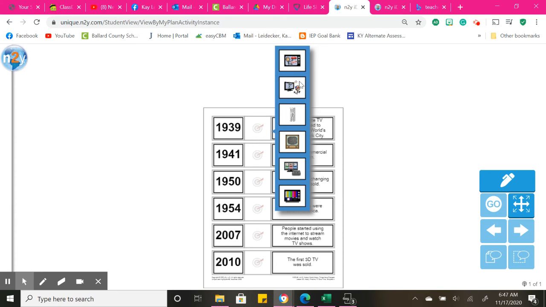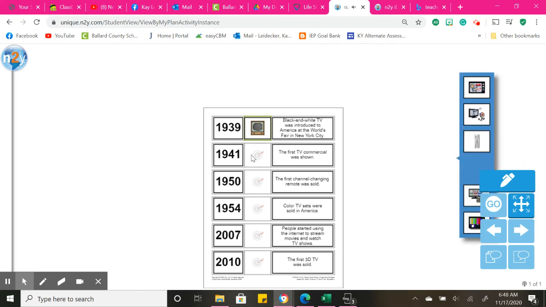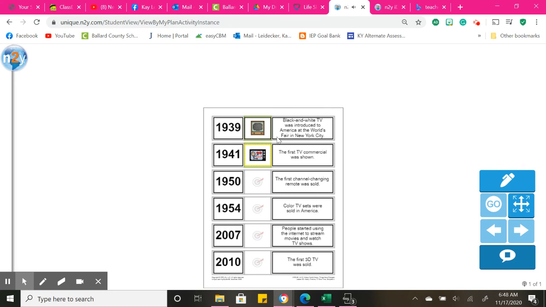I would assume it would be this one. 3D TV. Nope, 3D TV. Black and white TV. It's gotta be this one. Black and white TV. There we go. Okay, so maybe click on these and it'll tell you which one it is out loud, and then you can place them where they need to go.